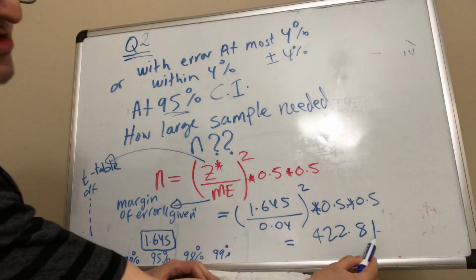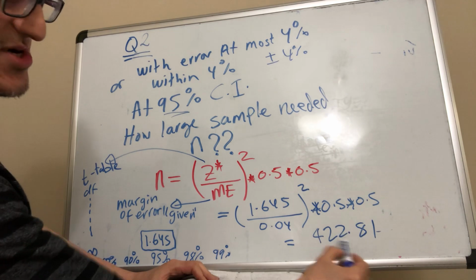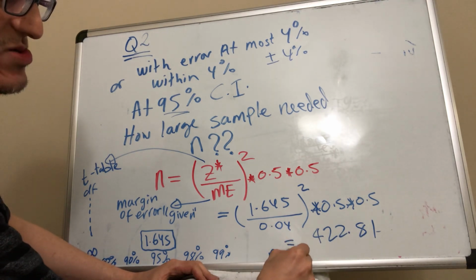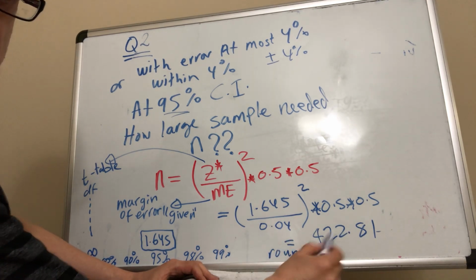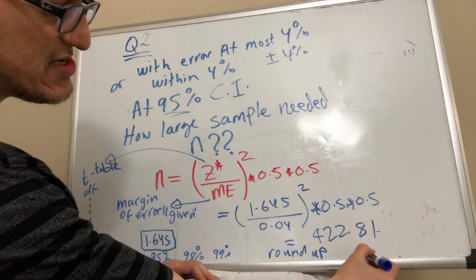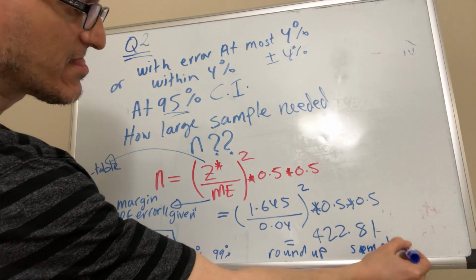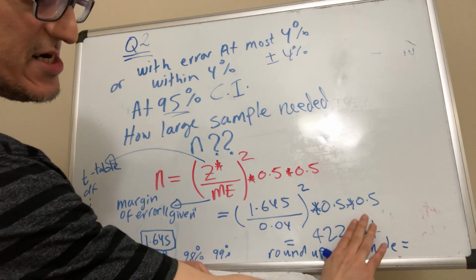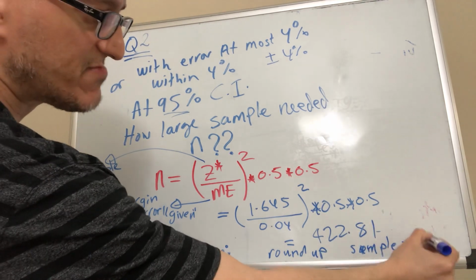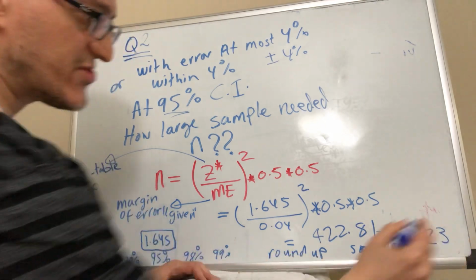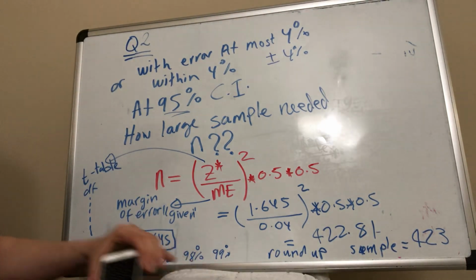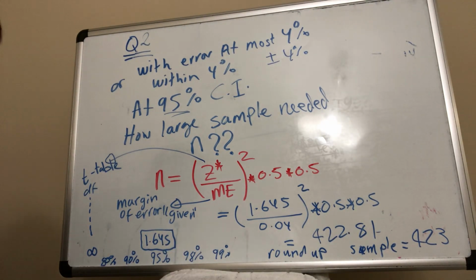It doesn't matter what you see after the decimal point. We always round up. So you say sample: ignore what you see here and add 1. So the sample must be 423. So this is the answer for question number 2.